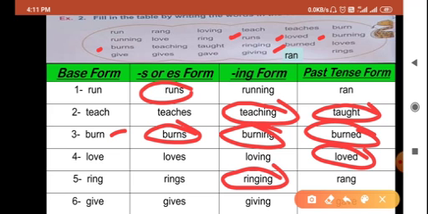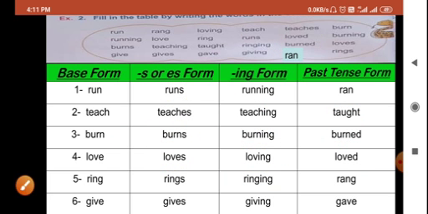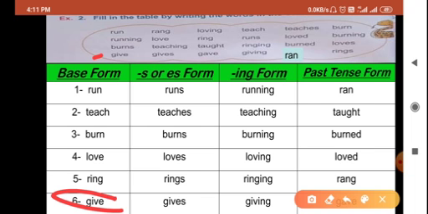Next is loves. Loves is the S or ES form of love. The last line now. Give. Give is the base form, like give me your pen, give me your notebook. Next is gives.